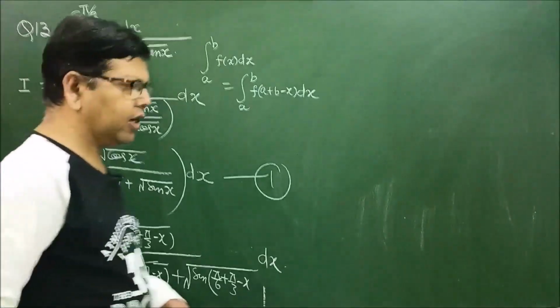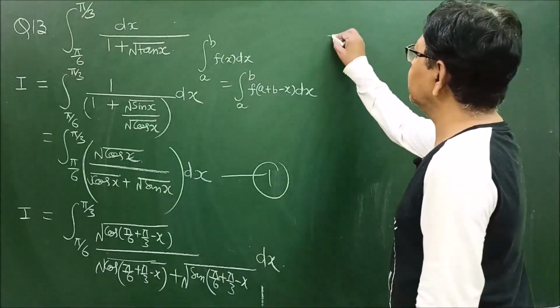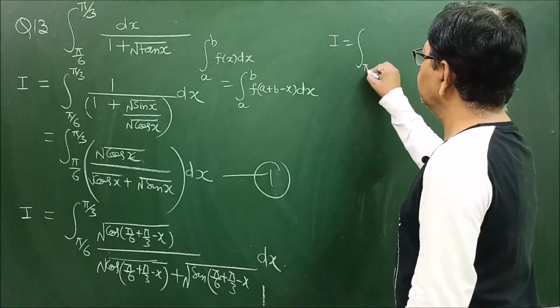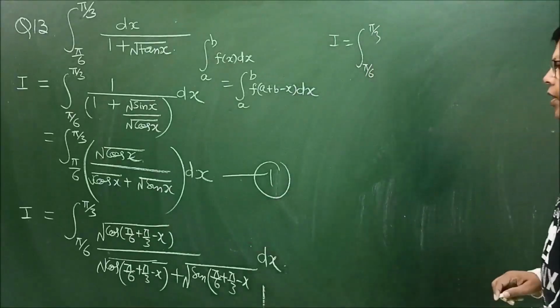So now solving it further, I is equal to the integral from pi by 6 to pi by 3, and this pi by 6 plus pi by 3 is equal to pi by 2.